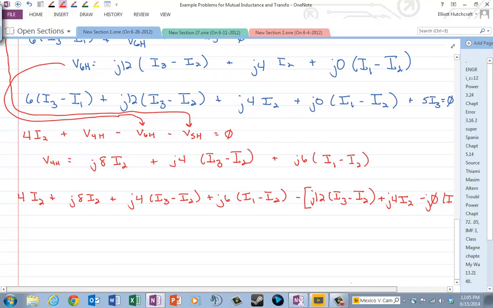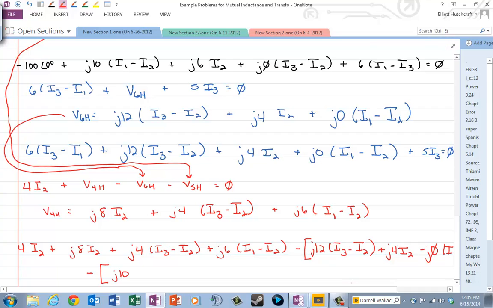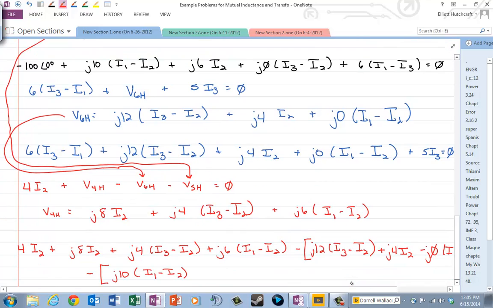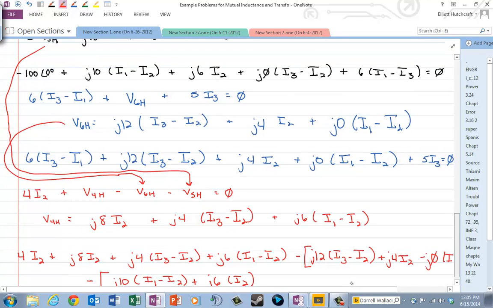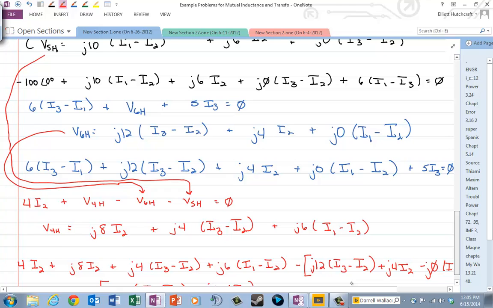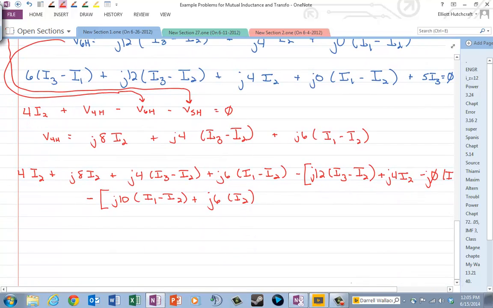And then we need to subtract off V5H, so I'll put that down here, minus, I'll open another bracket, and V5H is J10 times I1 minus I2 plus J6 times I2 plus J0 I3 minus I2. And that equals 0.